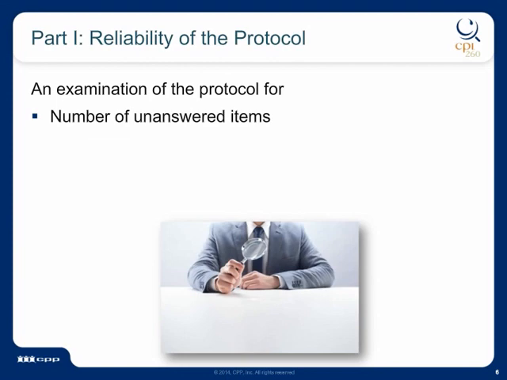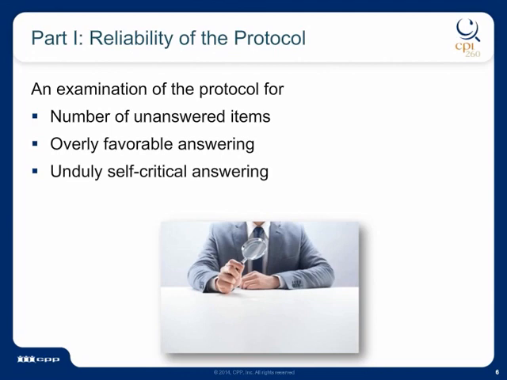The system then checks for response sets determined to be overly self-favorable, that is, the common fake good profile. The protocol reliability algorithms also look for unduly self-critical or negative response sets, that is, the fake bad profile. This scoring system will also check for random responses or response patterns that suggest item content has been misunderstood.